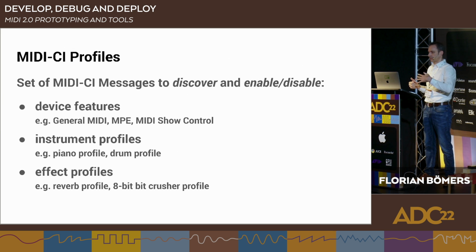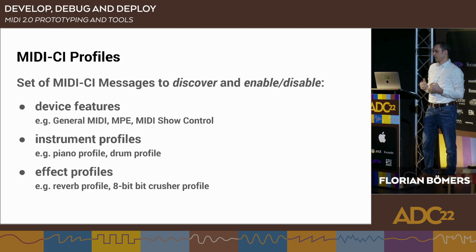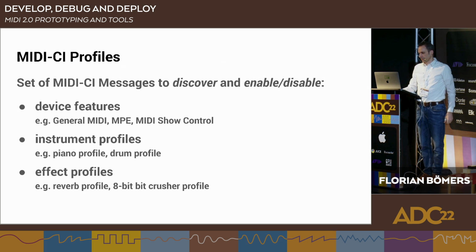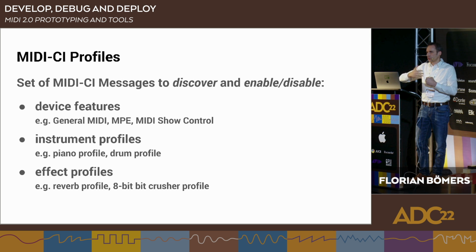It tells you, I've got General MIDI and MIDI Show Control. And so you can send the Set Profile On message so that the other device will now go into show control mode, for example. So you can really remote control a device via profiles and find out what it is capable of.